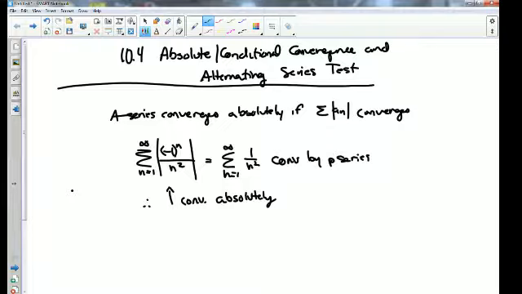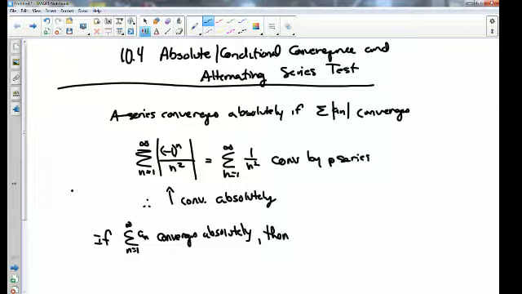Here's why this is useful. If a series converges absolutely, then the series converges.